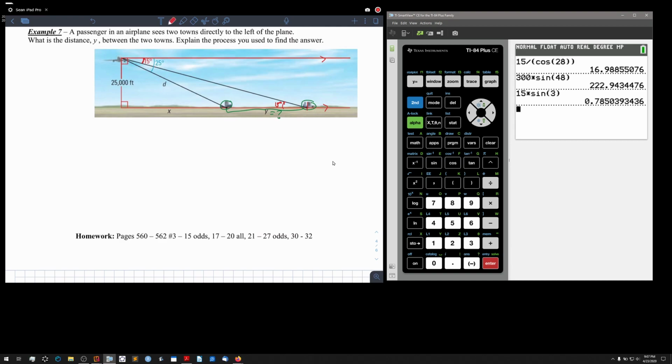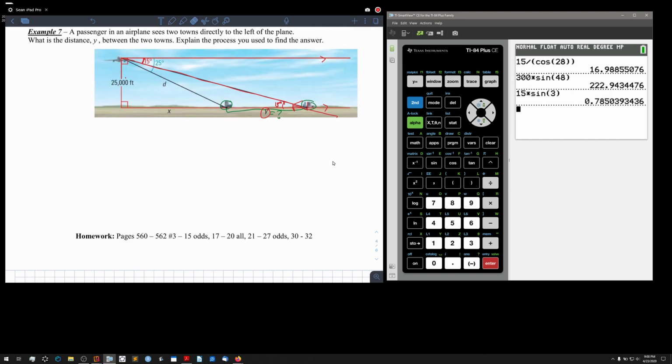So in my little red triangle here, if I'm looking at the triangle from there, I'm trying to find y, so I need to do some kind of calculation involving this side of the triangle and this side. So this would be opposite, and this would be adjacent from the perspective of the red triangle.